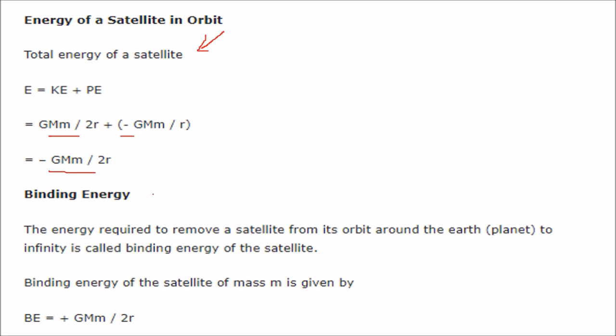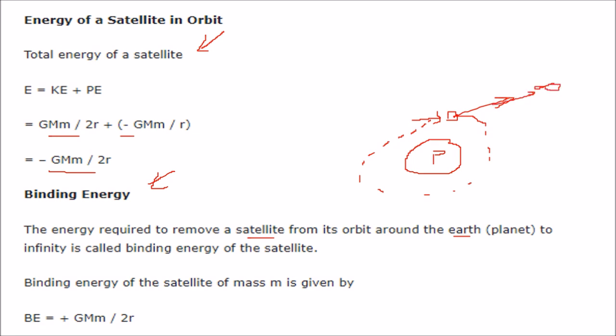Binding energy. What is the binding energy? The energy which is required to remove a satellite from its orbit around the Earth, or say any planet, to infinity is called the binding energy of the satellite. We will not talk about Earth again and again; it can be any planet. So if we have a planet and a satellite here, the energy required to remove the satellite from its orbit around that planet to infinity is called the binding energy of the satellite.